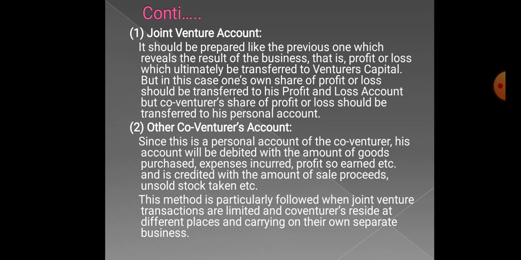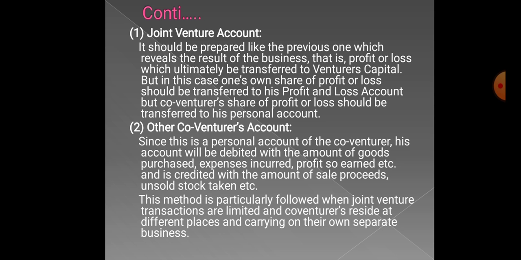Now coming to the other co-venturers' personal account. These accounts are prepared to find out the amount due from the co-venturers or due to them. To find this out, the co-venturer's personal account is prepared. Each of the other co-venturer's accounts will be credited with the amount of goods purchased, the expenses incurred and his share of profit.